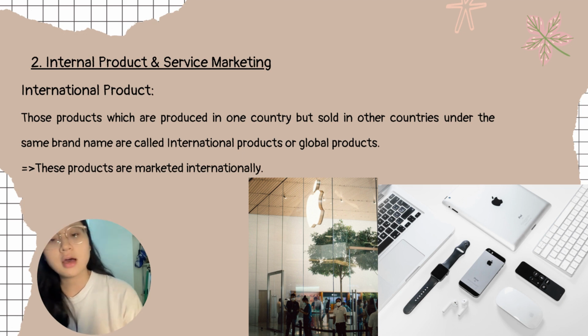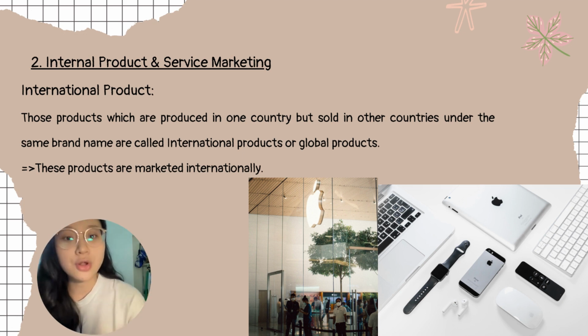Let's move to the next part, international products and service marketing. First, what does it mean, international products? That means the products which are produced in one country, but also in other countries under the same brand, and these products are marketed internationally.